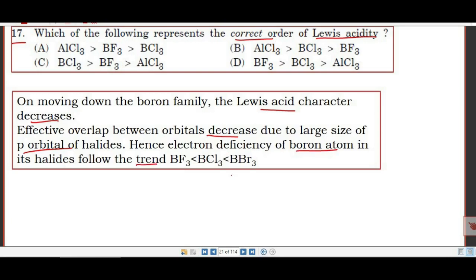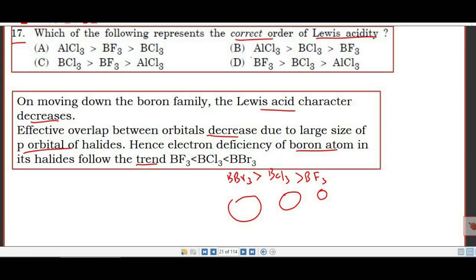Here, the larger halide BBr3 is a greater Lewis acid than BCl3 than BF3, because fluorine has smaller size, chlorine a larger size, and bromine is larger in size. As the size of the halide increases, the Lewis acidity also increases.